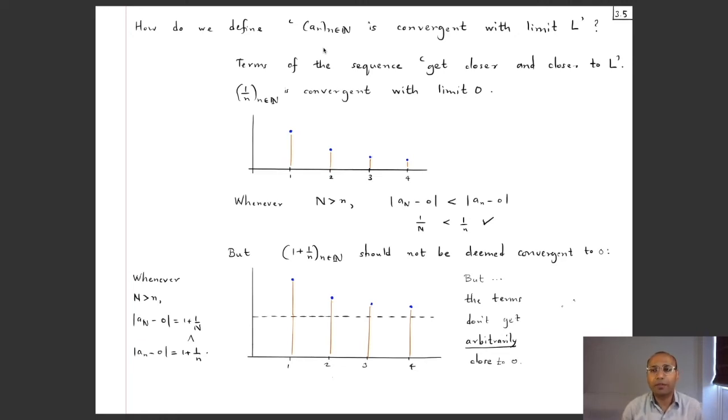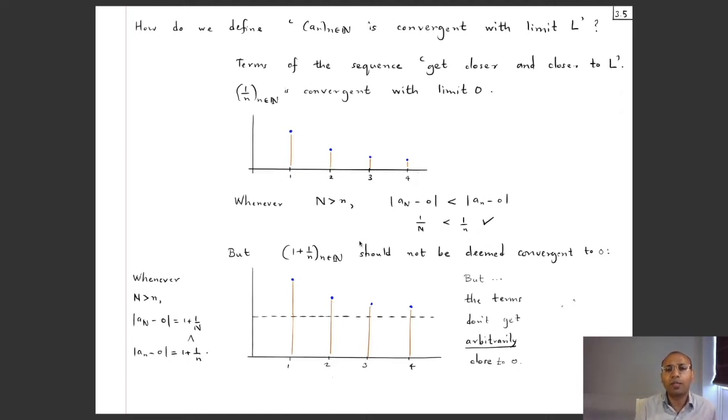Now, if we look at our earlier sequence 1 by n, it seems that the values are settling down to 0, and the terms of the sequence do seem to get closer and closer to this 0. So a naive first guess would be to say that the distance to this number, which we call the limit, should monotonically decrease, becoming smaller and smaller.